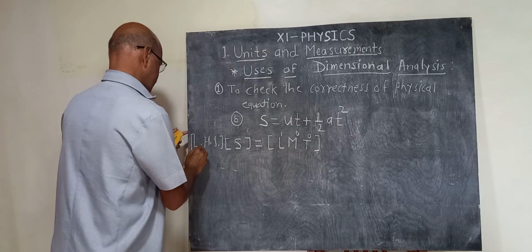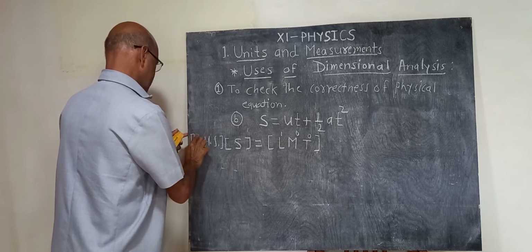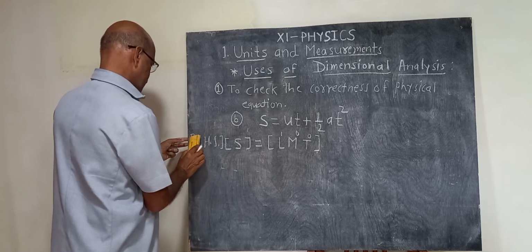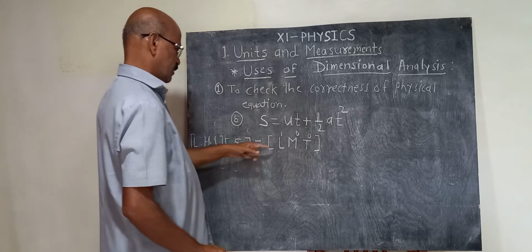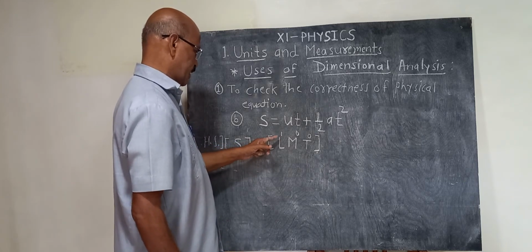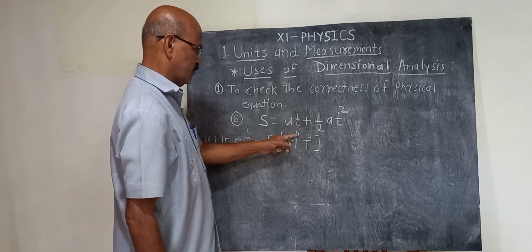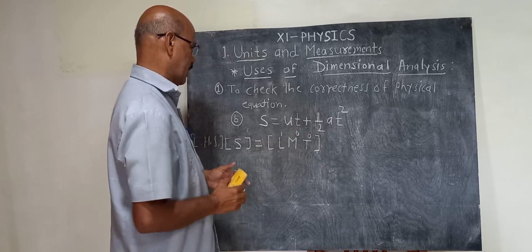So LHS dimensions of displacement are 1 in length, 0 in mass and 0 in time.